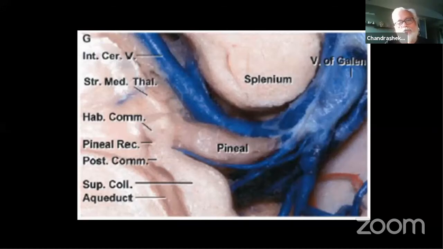We usually use navigation in such cases so that you can plan your trajectory. The borehole is usually just at the hairline so that you can go even above the massa intermedia and take a biopsy directly from the posterior third ventricular lesion after you have performed the ETV with the regular borehole.